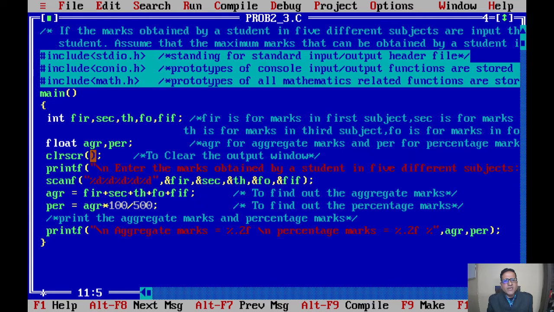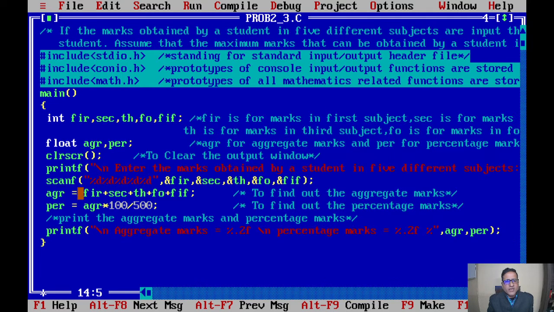Again, clrscr is used to clear the output window. Printf is to enter the marks obtained by a student in 5 different subjects. So here we have to write %d 5 times, and here we have to use the ampersand symbol for first, second, third, fourth and fifth.